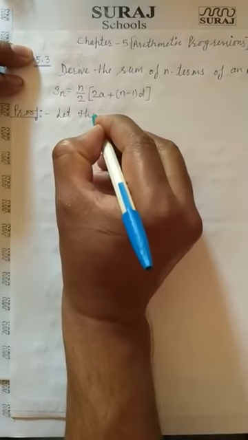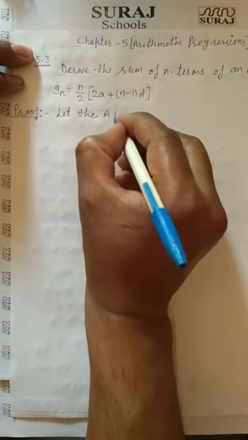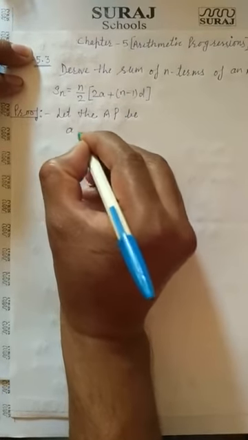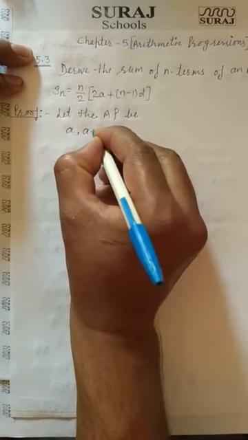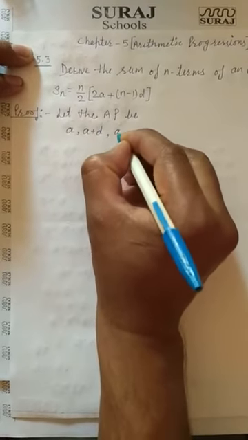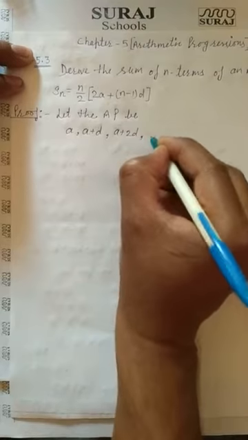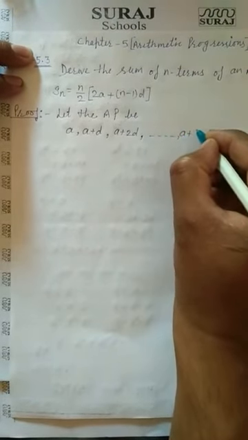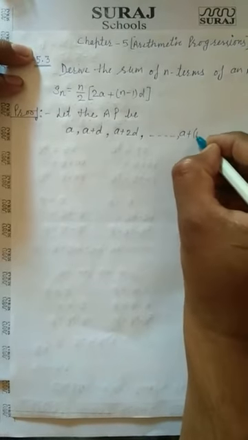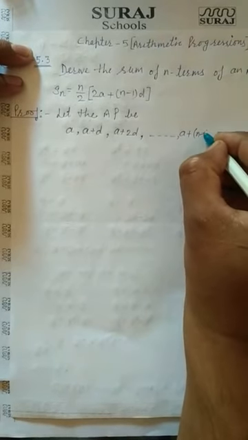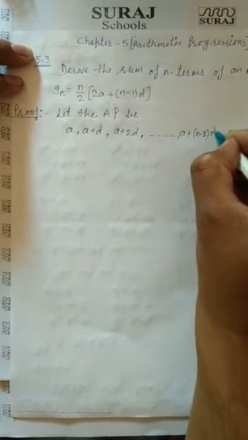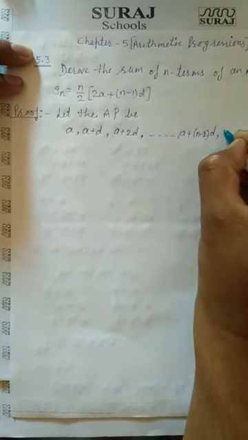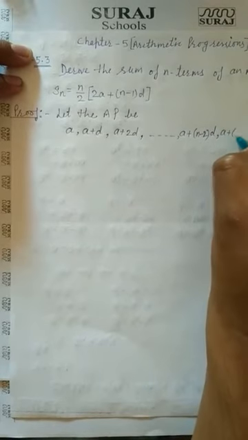Let the AP be: a first term, a plus d second term, a plus 2d third term, and so on, a plus (n minus 2) into d, a plus (n minus 1) into d.